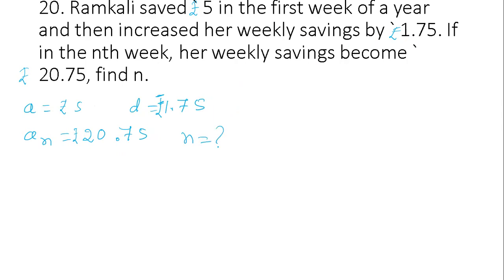They are asking n is equal to how much? We know that AN is equal to A plus n minus 1 into D. Here AN is given: 20.75 is equal to 5 plus n minus 1 into D, here 1.75.